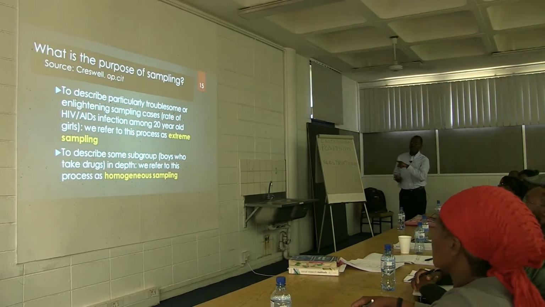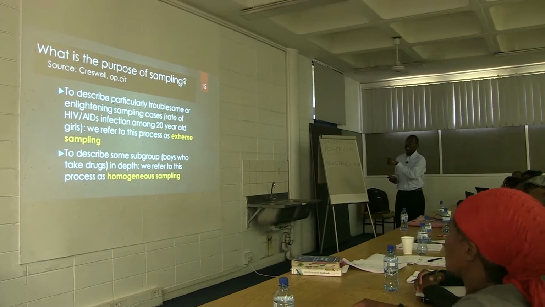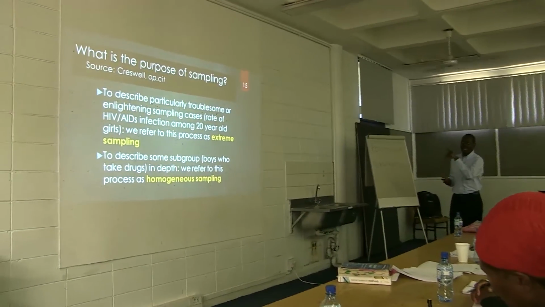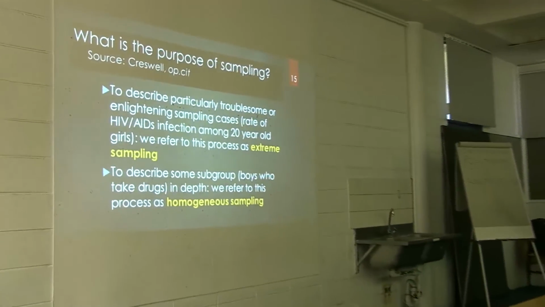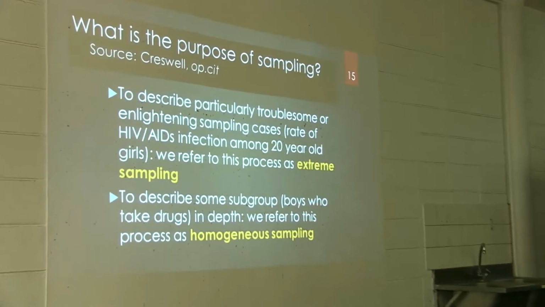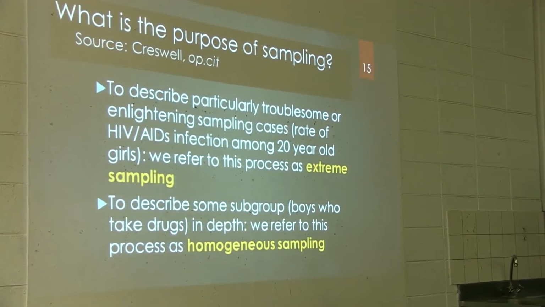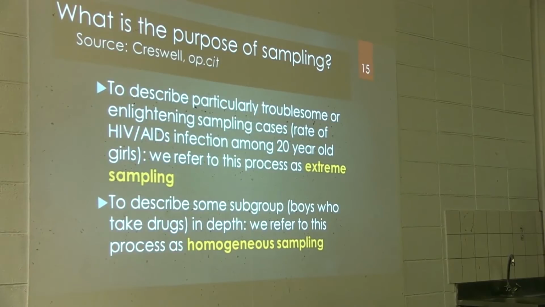What is the purpose of sampling? To describe particularly troublesome or enlightening sample cases. Okay? There's a lady who was doing health studies in here, who is from health. Yes. So, what is the purpose of sampling? Because you want to describe a particularly troublesome issue, such as the prevalence of HIV/AIDS among first-year students in our universities.